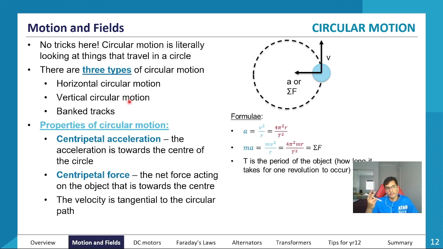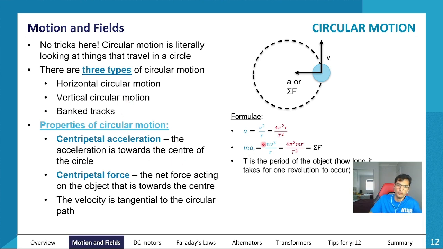The second type is vertical circular motion, which is all your roller coasters and Ferris wheels. And the third type is banked angles, which is things like a velodrome, pretty much the main example of banked angles that we use.